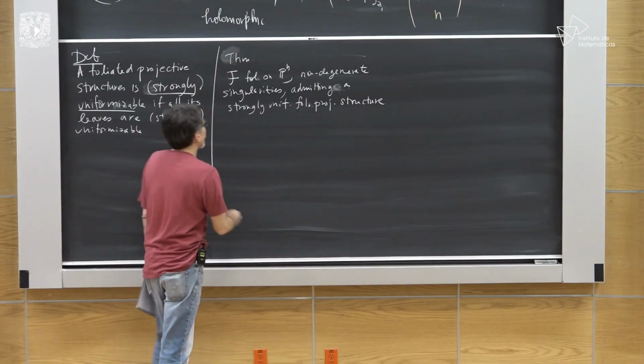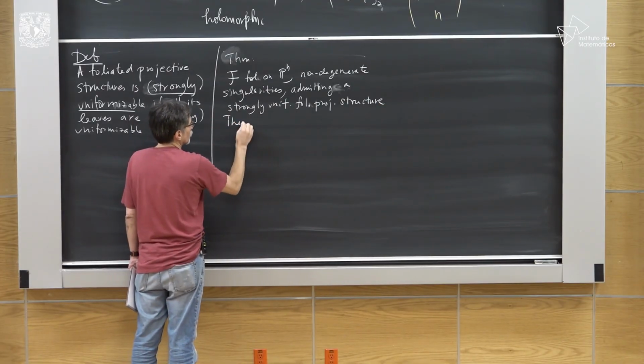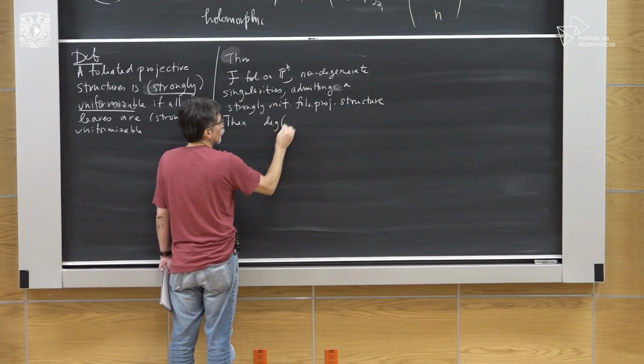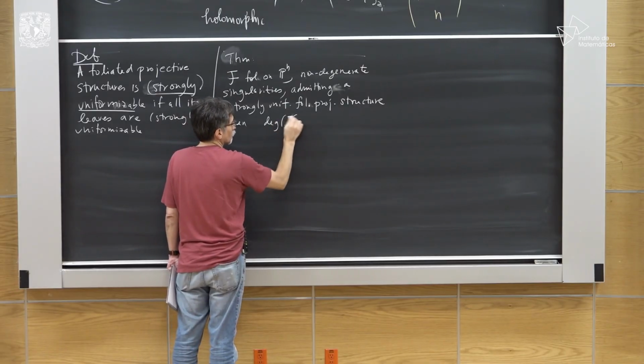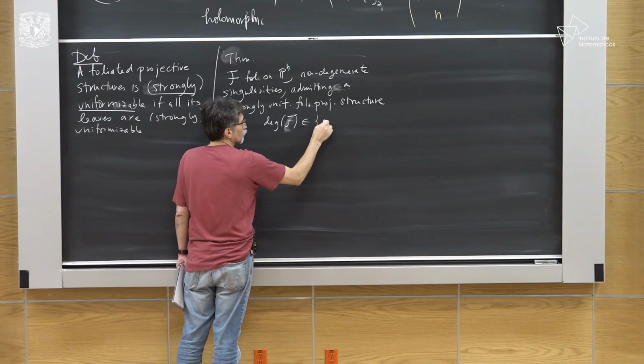Okay? Then the degree of your foliation is either 0 or 1.